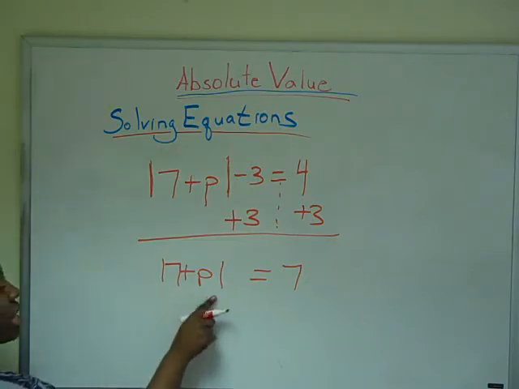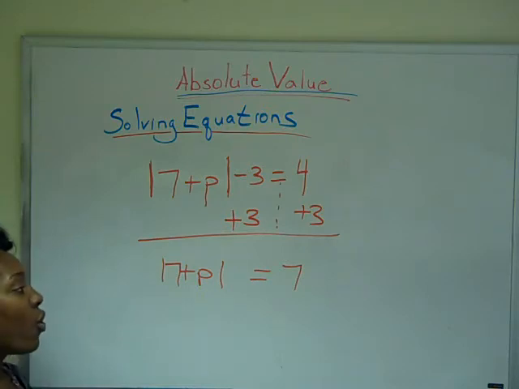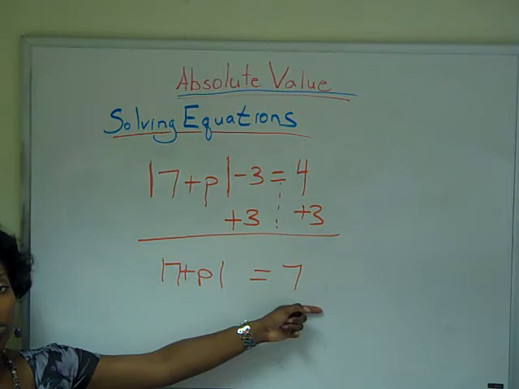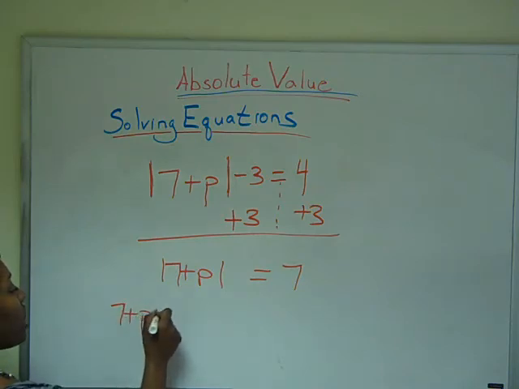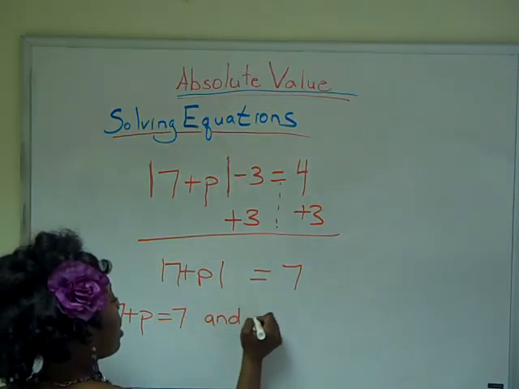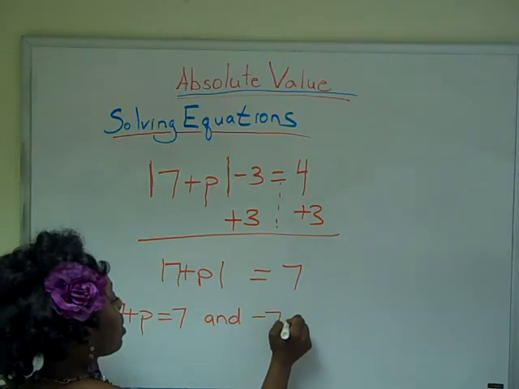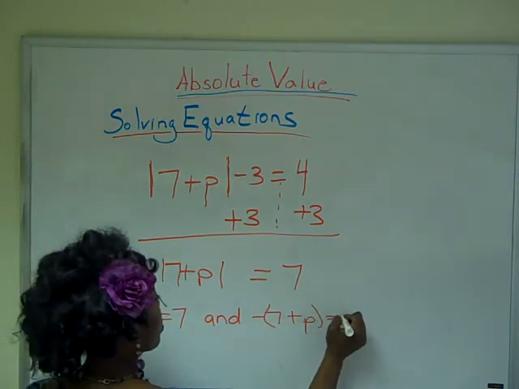We know that the argument of our absolute value can be either positive or negative and yield the same result. So we'll set up our equation. 7 plus p equals 7, and -7 plus p equals 7.